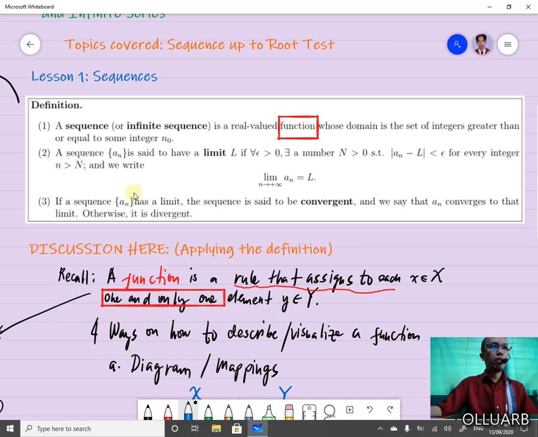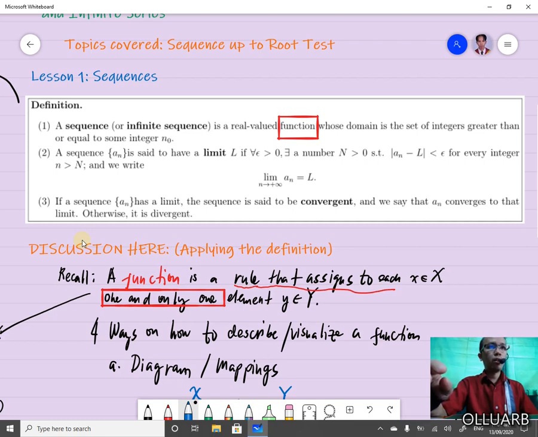What I just did last night is that I only tried to find the value of the big N in terms of the epsilon.